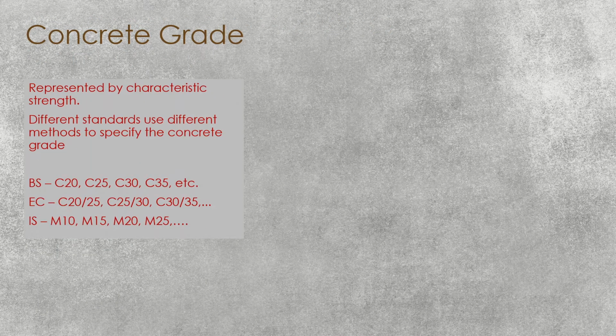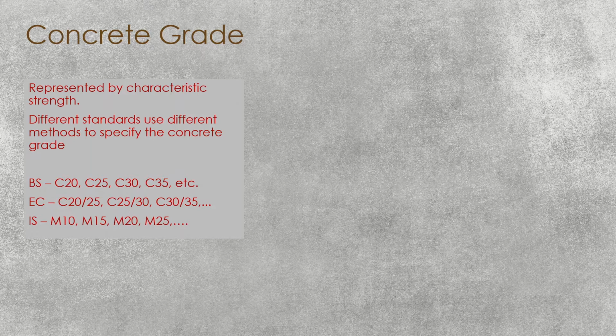Concrete grades. Different standards use different norms, as we discussed previously. Some use the cube strength, some use the cylinder strength. According to BS, they use the cube strength for structural designs. They denote cube strength as C20, 25, 30, 35, etc. According to the Eurocode, they have a different notation.